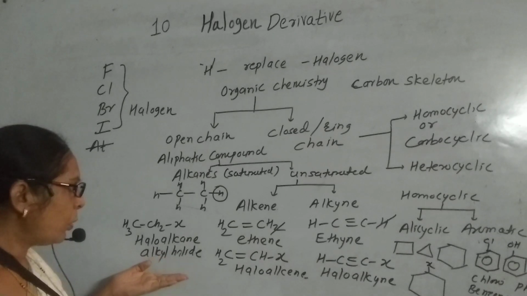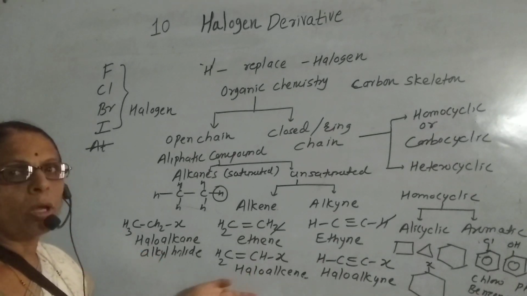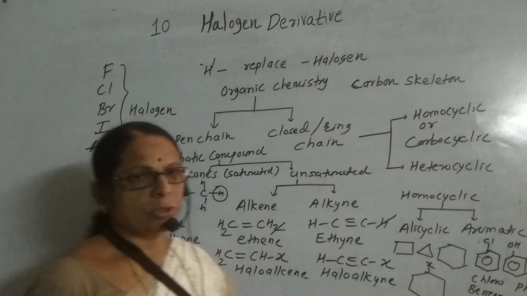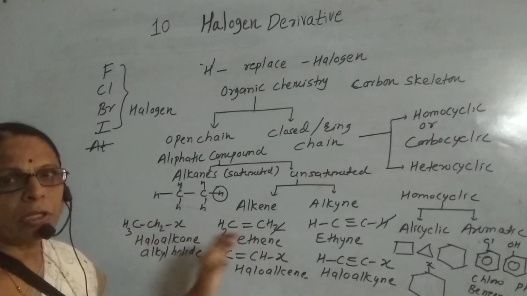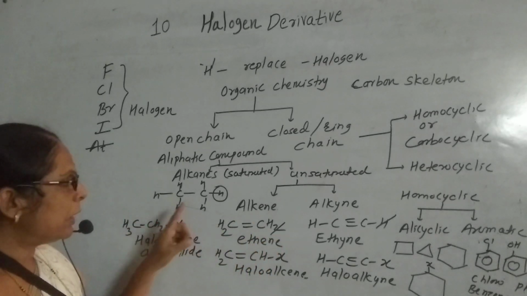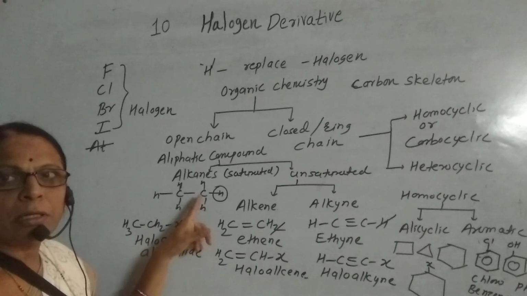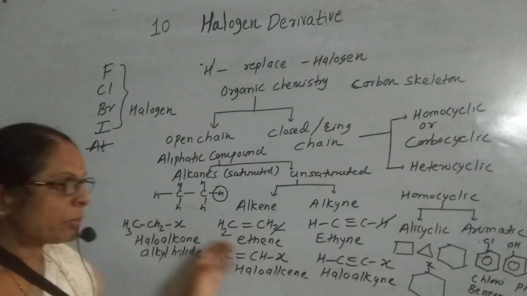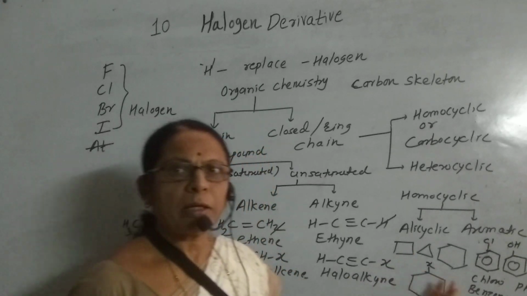I get alkyl chloride, chloroalkenes, chloroalkynes or chloroaryl compounds. Whatever halogen I consider, all these are halogen derivatives in which the halogen is attached to a carbon having a different carbon skeleton. So on the basis of the different carbon skeleton, the halogen derivatives are considered.